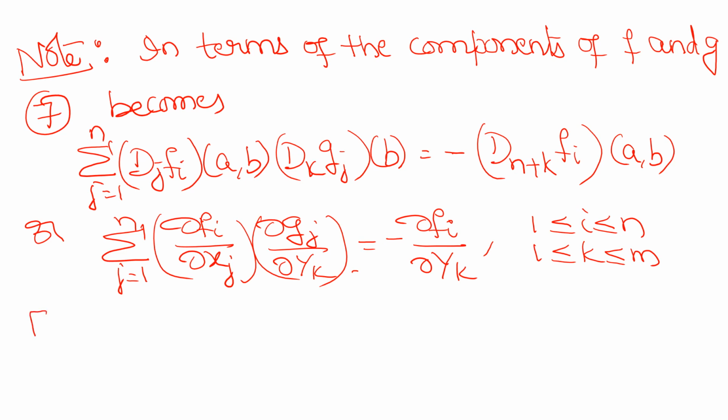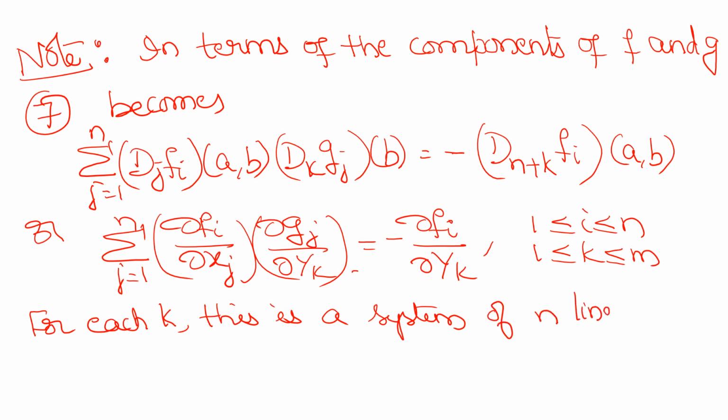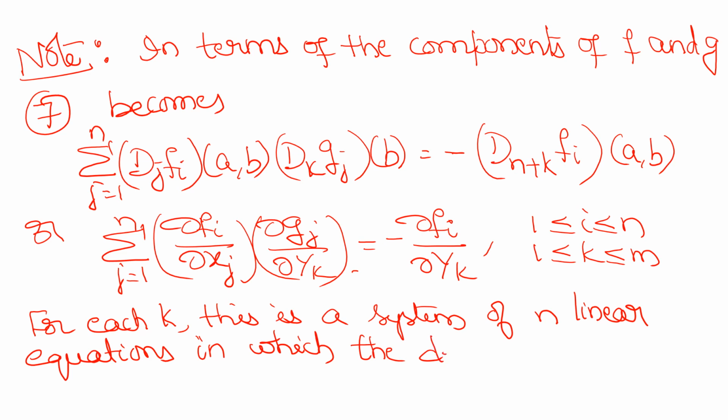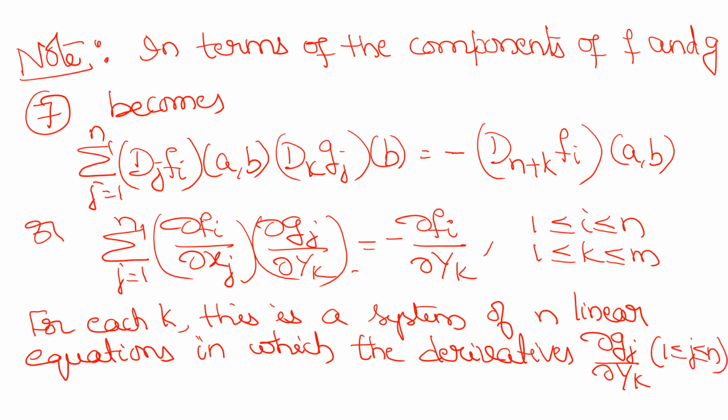For each k, this is a system of n linear equations in which the derivatives dou g_j by dou y_k for 1 less than or equal to j less than or equal to n are the unknowns.